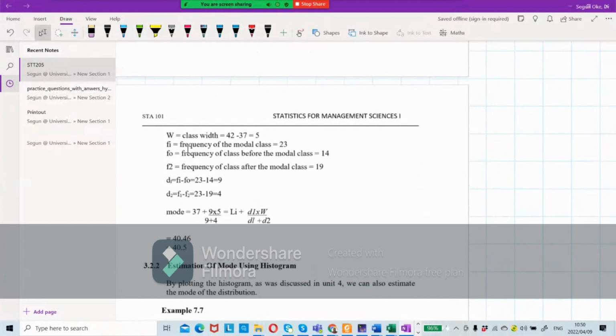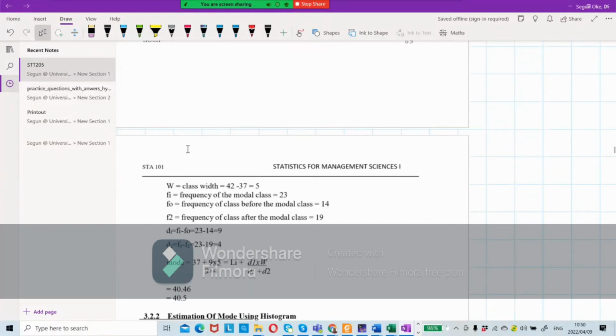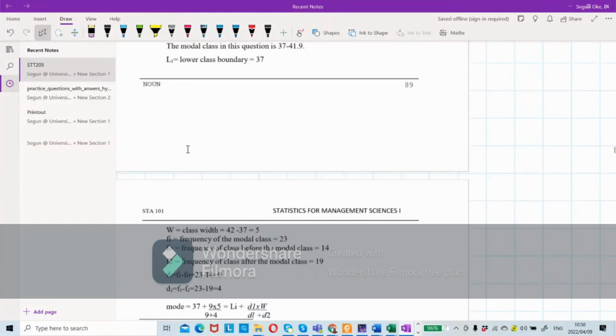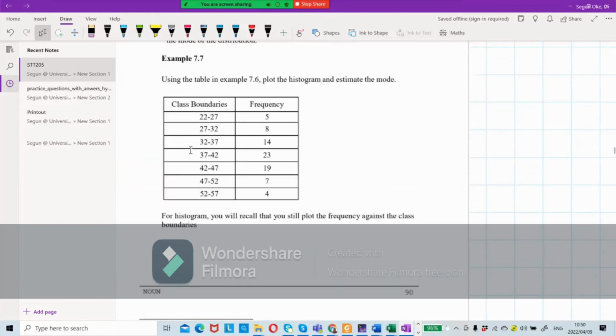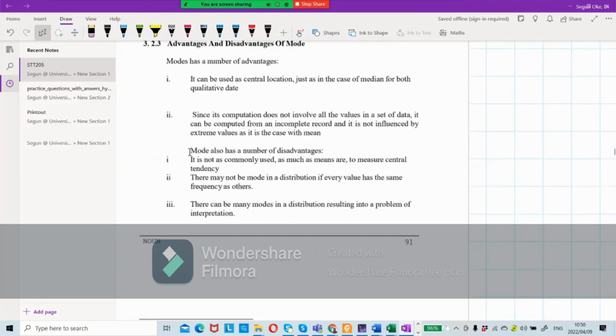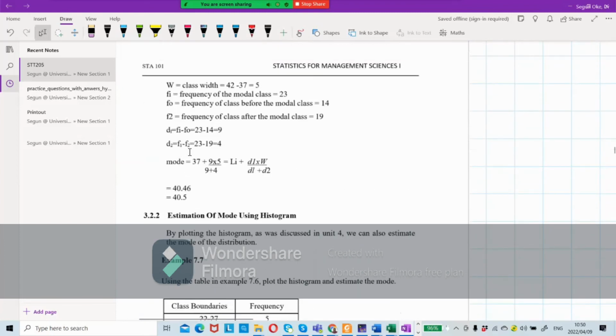Although everything here is scattered, you will still get it, don't worry. I will try and rewrite the formula for you here. This is how they put it.